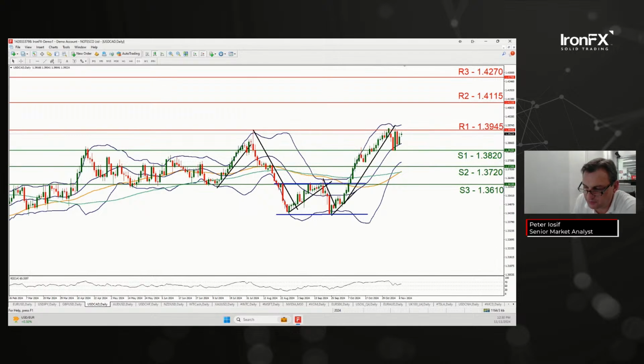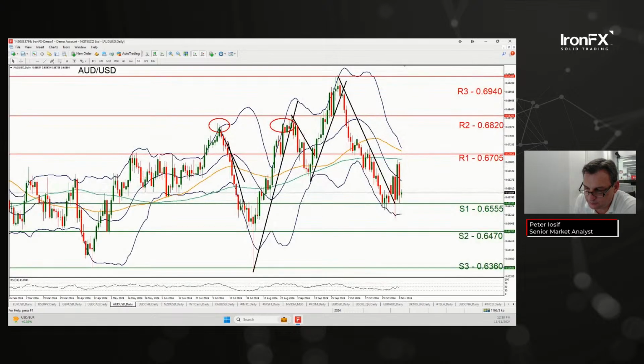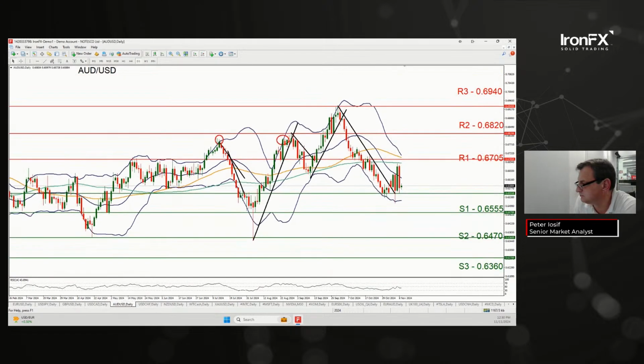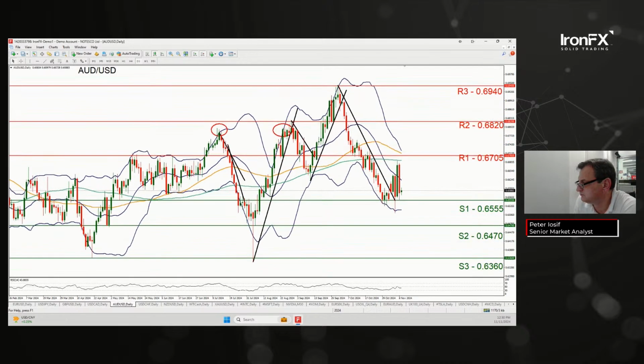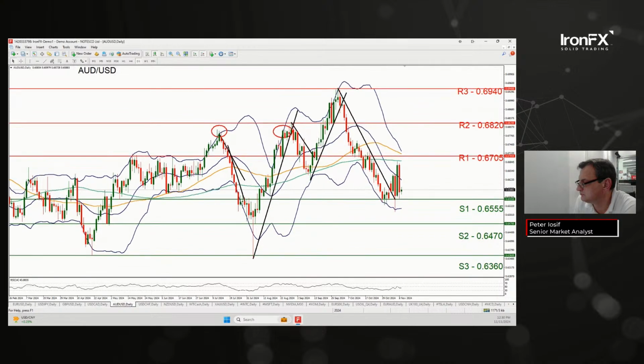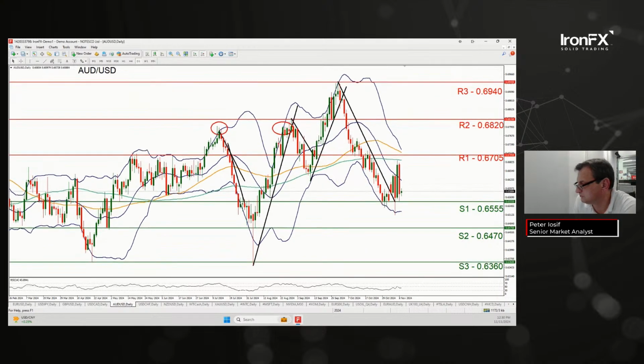Let's have a look at the Aussie. Readjusting the labels.